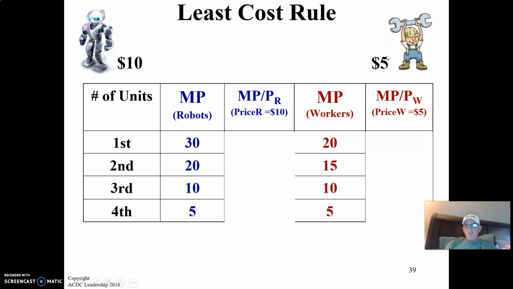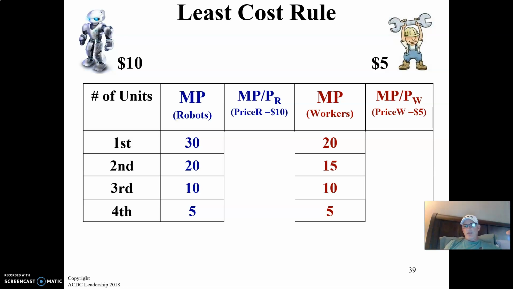In society, I can purchase a person's labor for $50,000 a year, or I can pay $10 million for a robot. How do we know which one of those is a smart way to go?